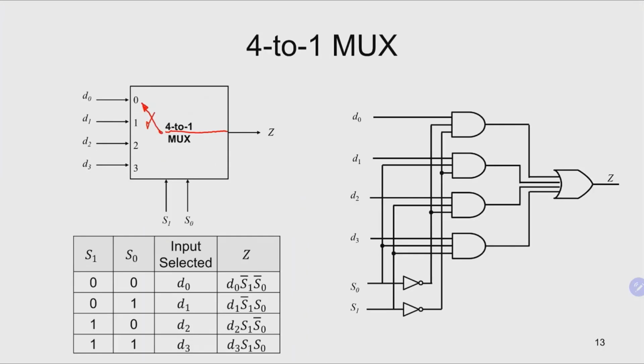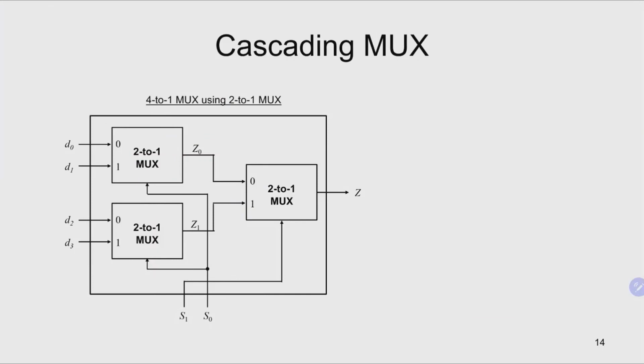Alternatively, I can start from first principles and derive the Boolean function to achieve 4-to-1 multiplexing. There are many different ways to achieve the same end. That concludes this topic on typical combinational logic circuits.